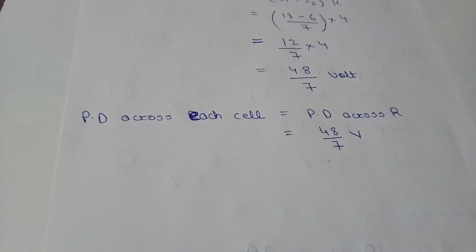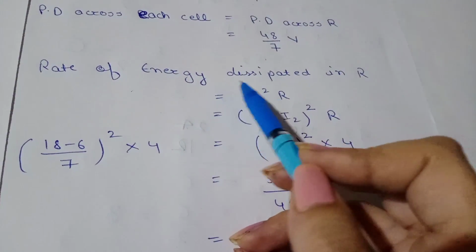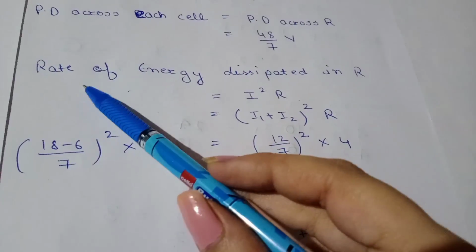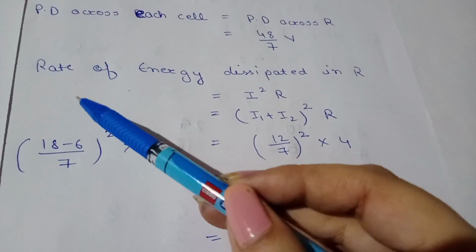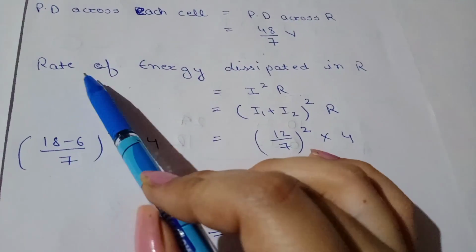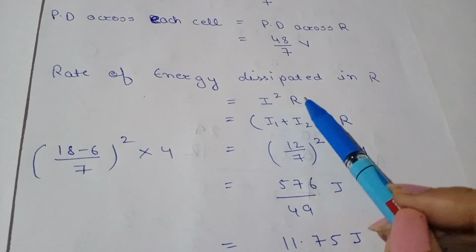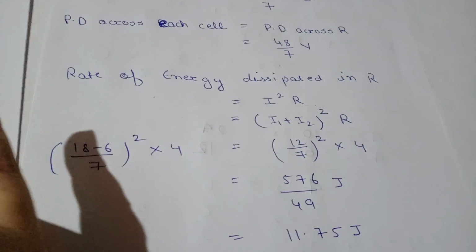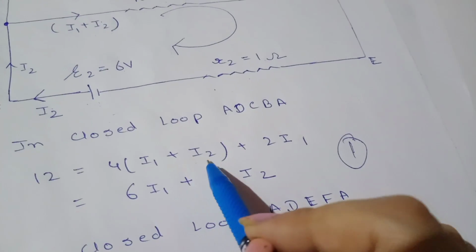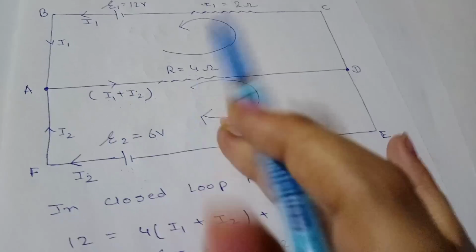To find the rate of energy dissipated in R. Energy dissipation का formula होता है हमारे पास I square R T, but here we have to find the rate. So rate is with respect to time, so it becomes I square R. रेट हमारे पास हमेशा per unit time होता है ना, तो energy dissipation का फॉर्मूला बन गया I square R. And across R our I is I1 plus I2.